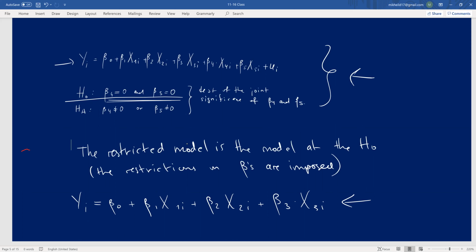Am I clear for everybody? What we did is that we imposed the restrictions at the null hypothesis on this model. This model itself is the unrestricted model.